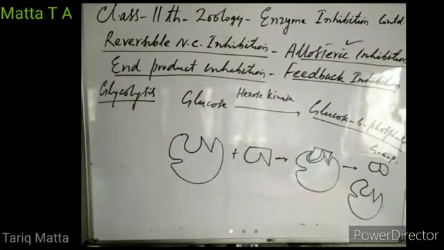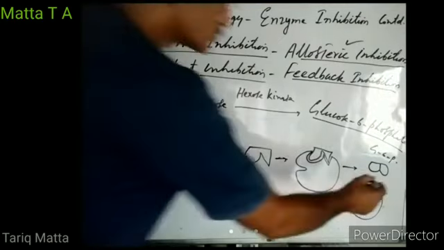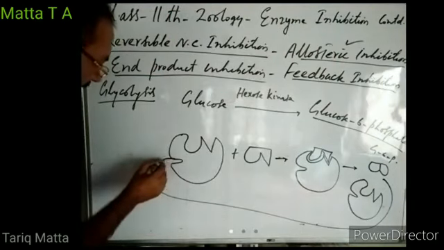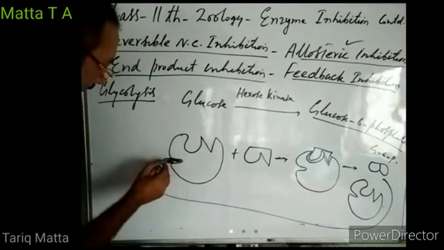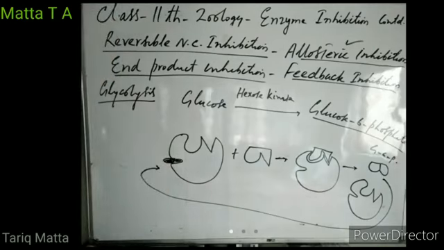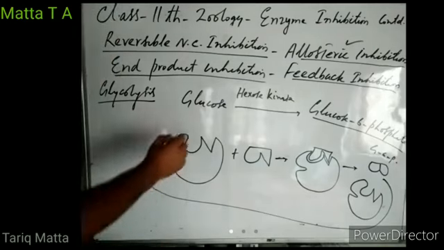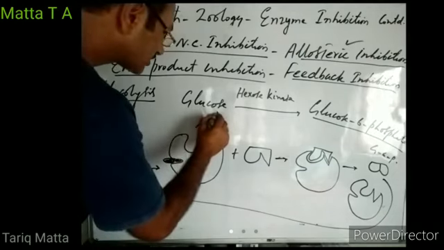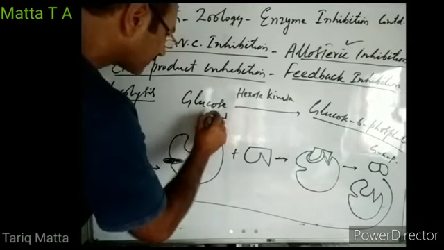When this glucose 6 phosphate concentration rises sufficiently, it binds to the allosteric site of the enzyme. As it binds to the allosteric site, the shape of the active site of the enzyme is modified.